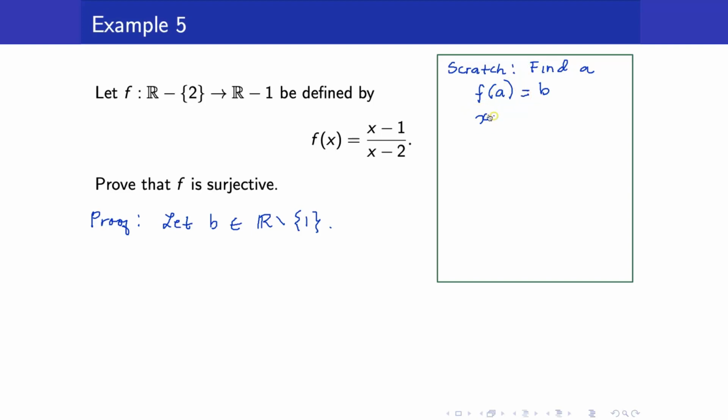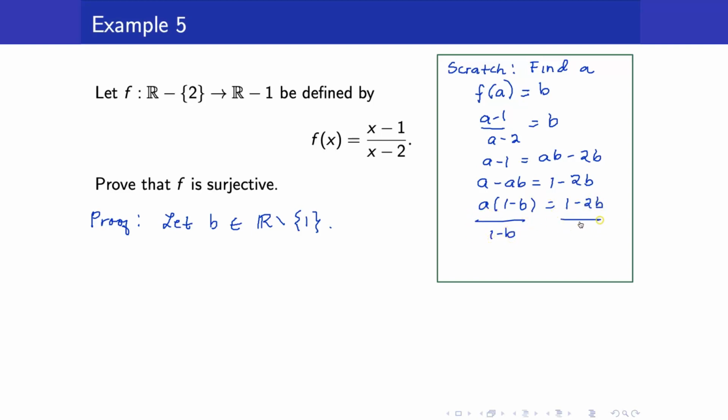Our f of a is a minus 1 over a minus 2. This is equal to b. So this is just simple algebra, and we are solving for a. So therefore, our a is 1 minus 2b all over 1 minus b.